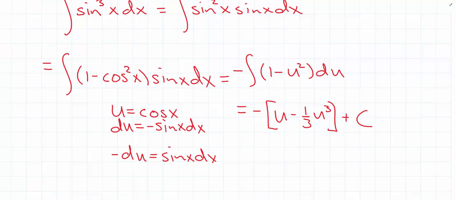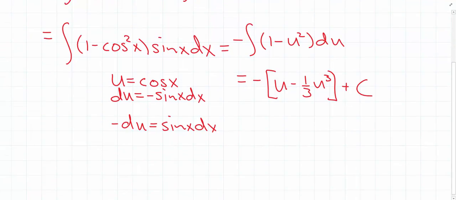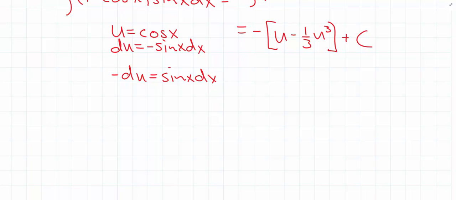Okay, nice and easy. So when we have an odd power of cosine, we think about it in those terms. Now, this was sine cubed. Imagine if we had sine to the 5th. If we had sine to the 5th, you can see that a similar approach would work. In fact, instead of sine to the 5th, let me do cosine to the 5th.